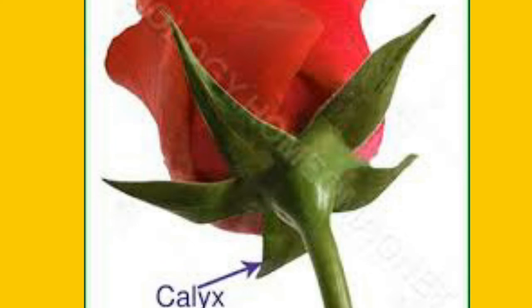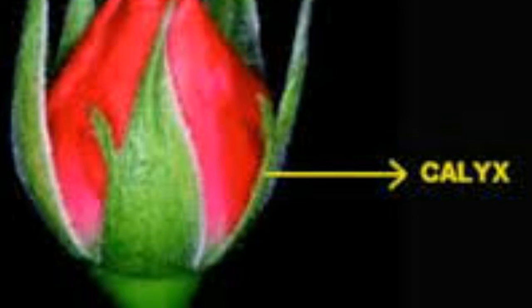So, small green leaf-like structures which are present at the base of the flower are called sepals. What is the function of sepals? Sepals protect the flower when it is in the bud stage.